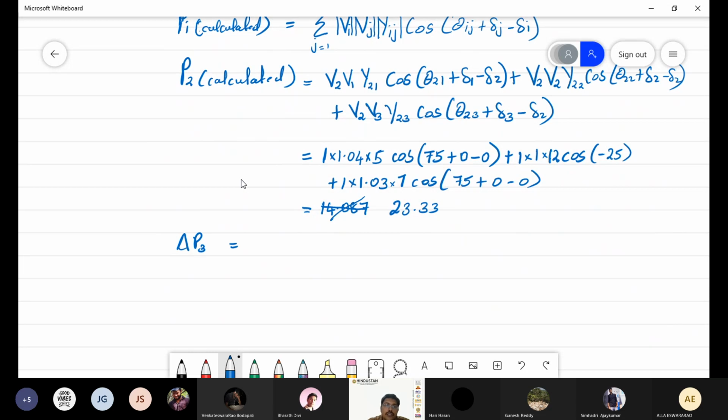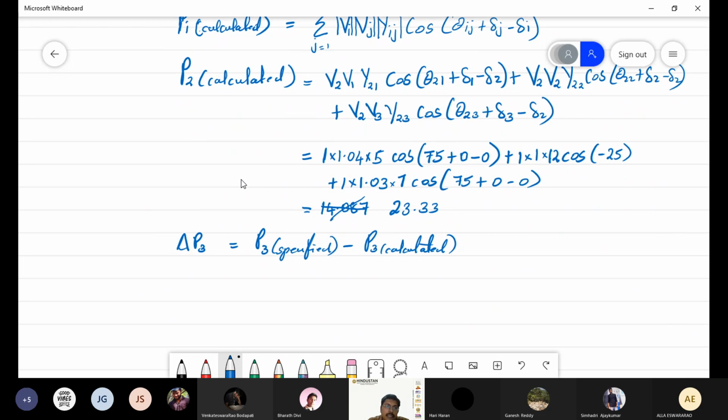So del P3 is equal to P3 specified minus P3 calculated.